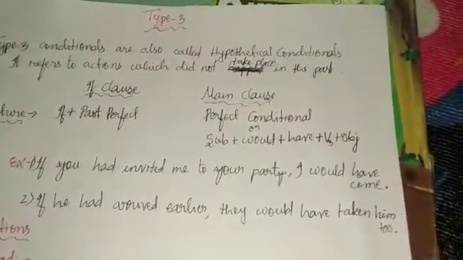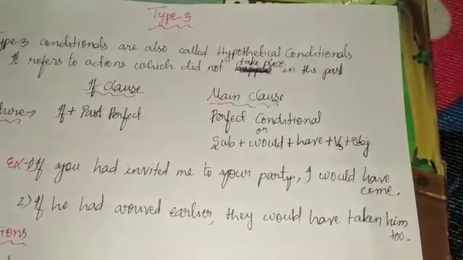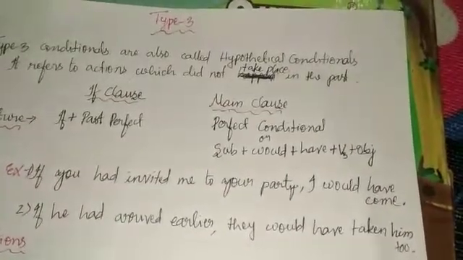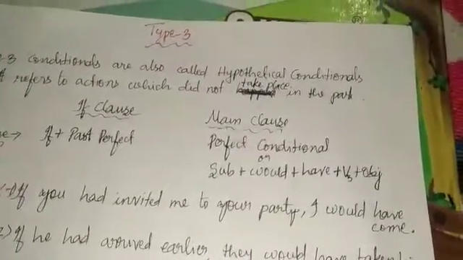Now let us look at the type 3 conditional. Type 3 conditionals are also called the hypothetical conditionals. It refers to actions which did not take place in the past, which was supposed to take place in the past, but it did not take place.